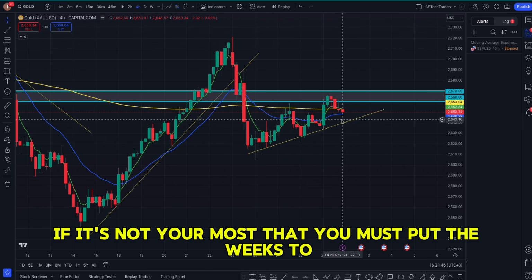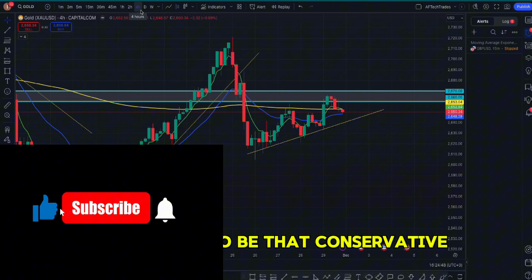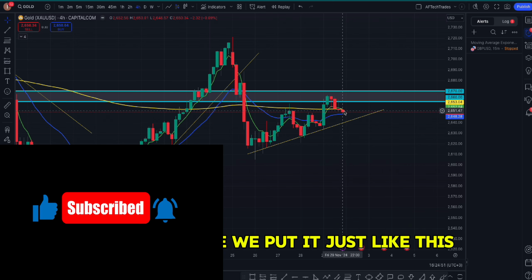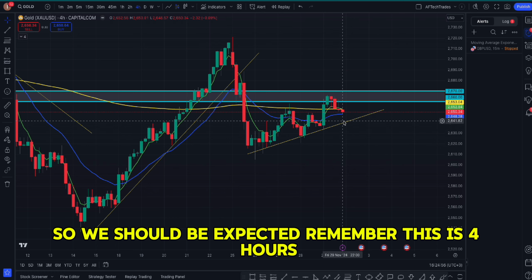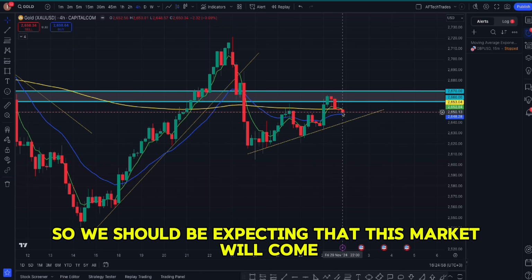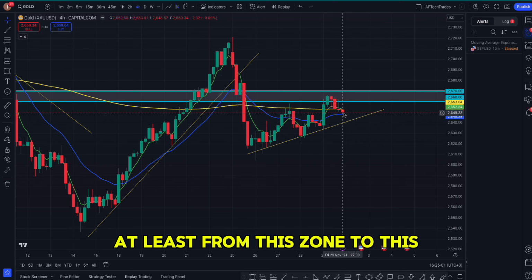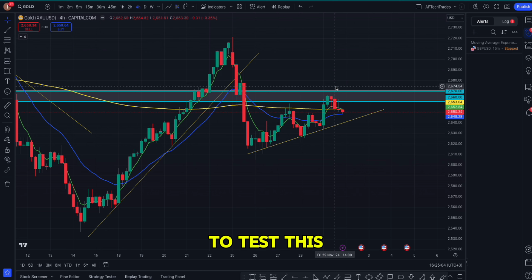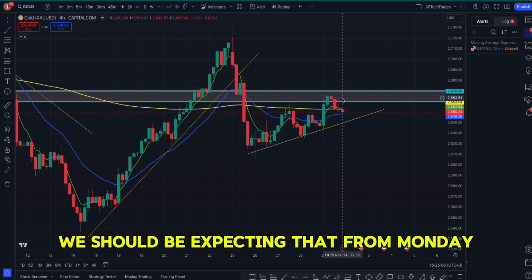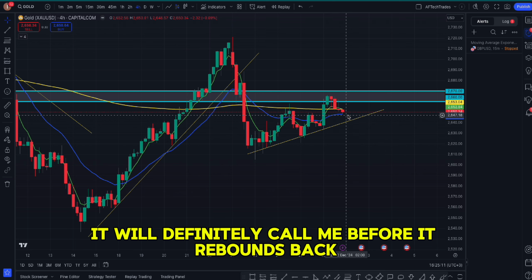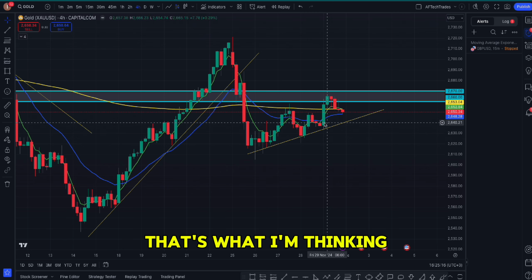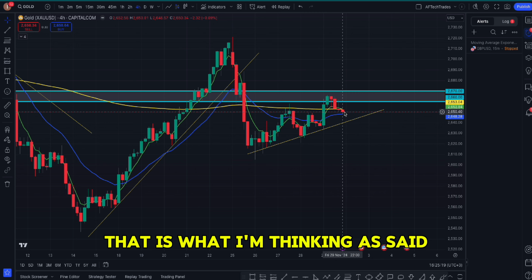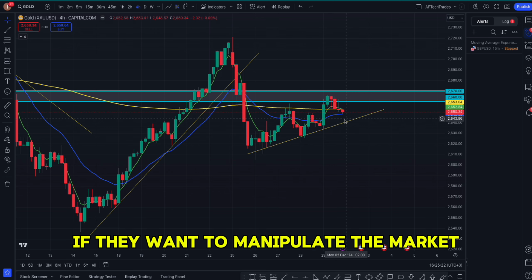So we should be expecting, remember, this is 4 hours, that this market will come at least from this zone to test this. We should be expecting that from Monday it will definitely come here before it will bounce back. That's what I'm thinking, except if they want to manipulate the market, but this is very clear. This is what the market is saying right here, that it's supposed to come here.